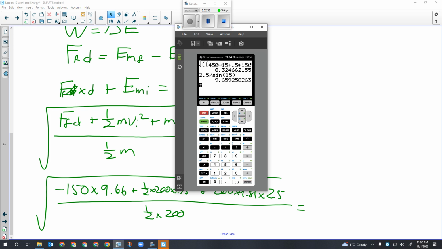So I'm gonna have the square root of, and then I'm gonna put the top in brackets, so that'll be negative 150 times that number, plus 0.5 times 200 times 0.75 squared, plus 200 times 9.81 times 2.5, end those brackets, and divide by 100, because that's half of 200, close up the whole thing, 5.9 meters per second at the bottom of the ramp. Okay?